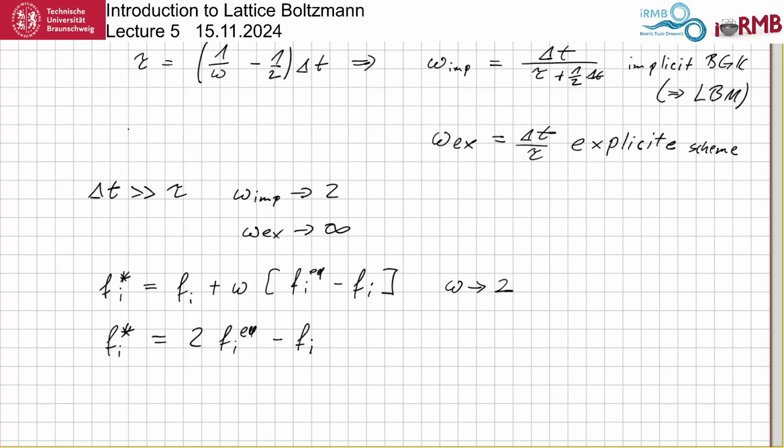And these are numbers of similar size. So even in the limit of infinitely long time steps, the numbers always stay in the same range. So we say they are well conditioned, even if the time step is much, much larger than tau.